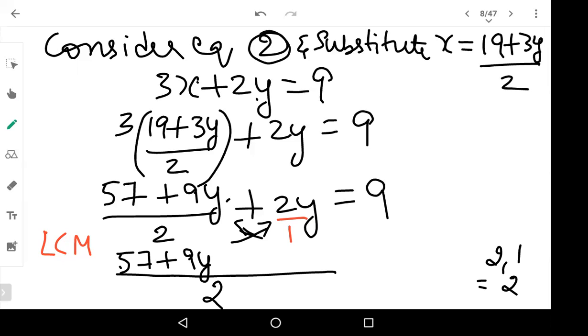Then for 2y, with the cross multiplication of the denominator, 2 into 2y will give me plus 4y is equal to 9. Did you all understand this step?